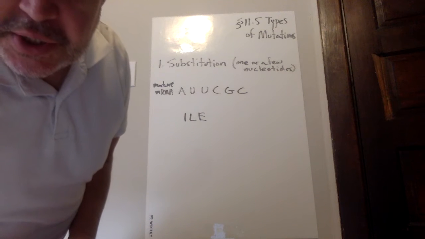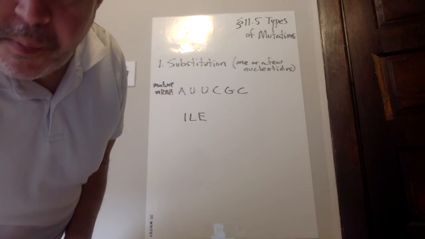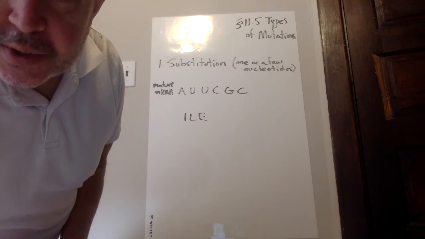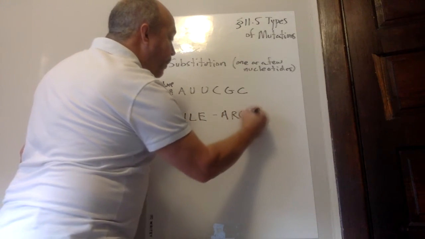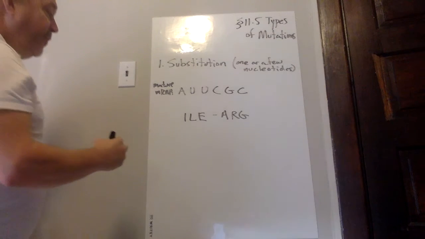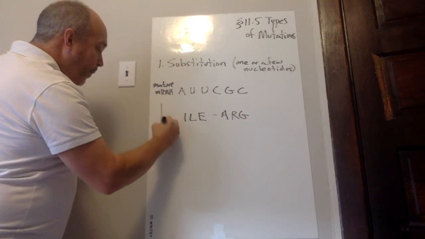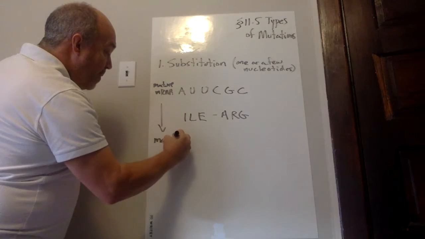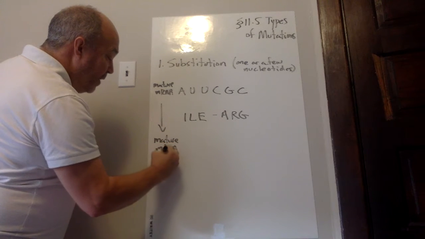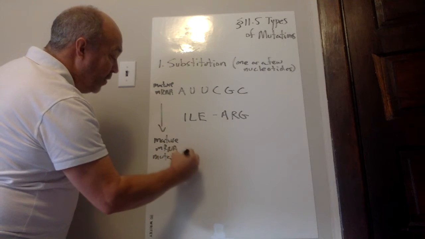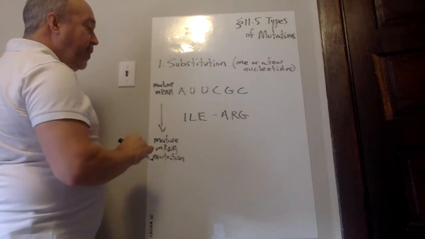And CGC would code for, where is CGC? Arginine. However, if there's a mutation, so now my mature mRNA has a mutation. If it's a substitution, it'll be one or a few nucleotides.